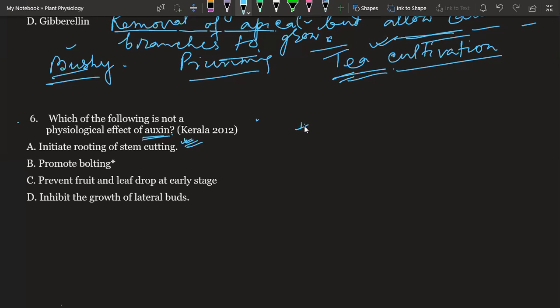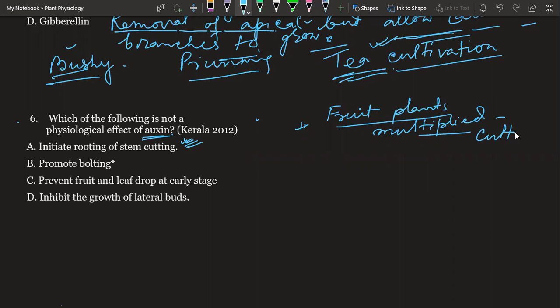In most fruit plants, these fruit plants are multiplied by their cutting, so that they maintain the genetic characteristics, like the quality of fruit, from generation after generation.